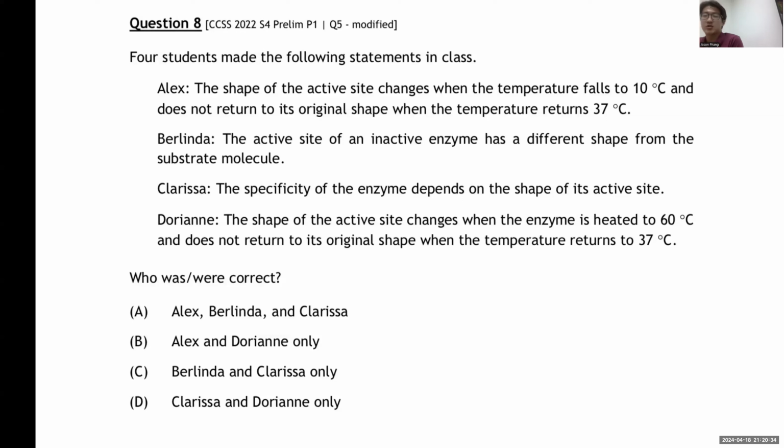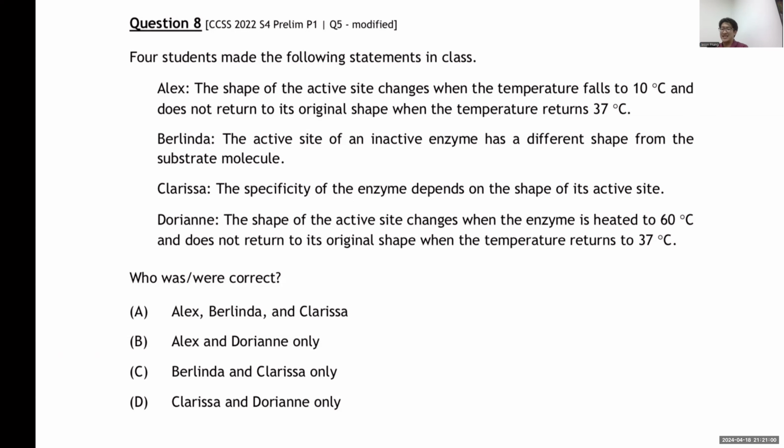Nadine, help us out, please. Question 8, you chose D for Clarissa and Dorian. Michelle, do you agree? You agree? So tell me.